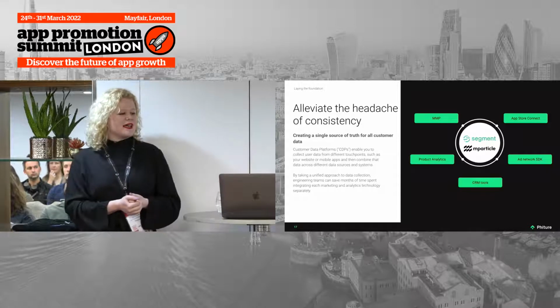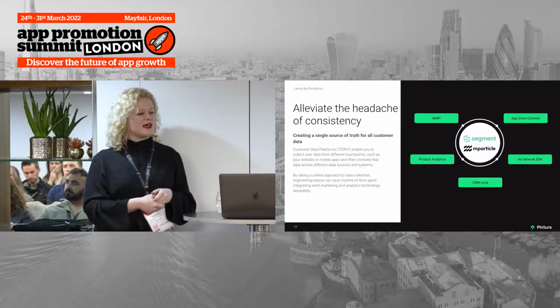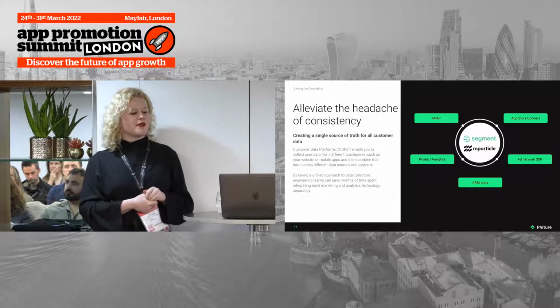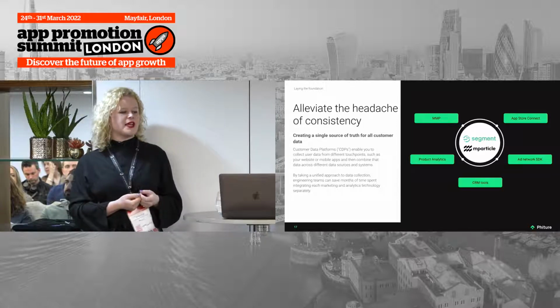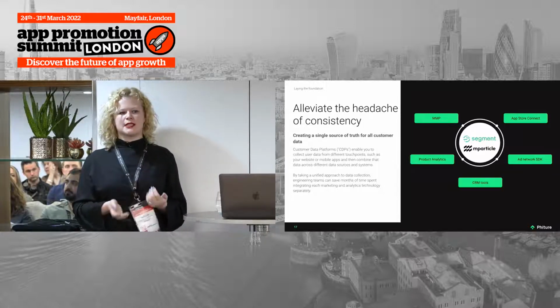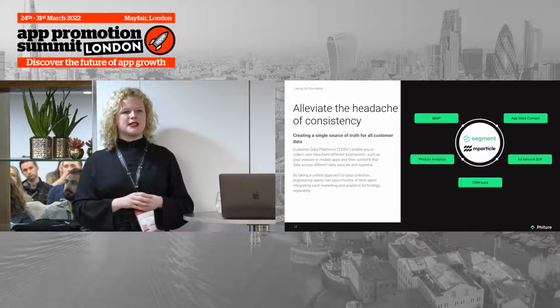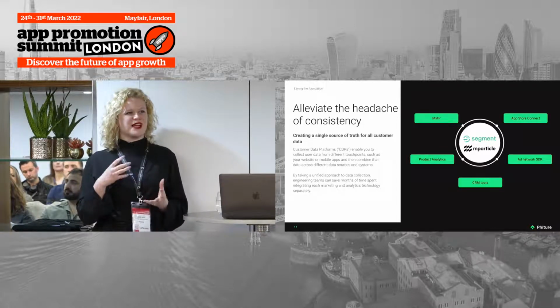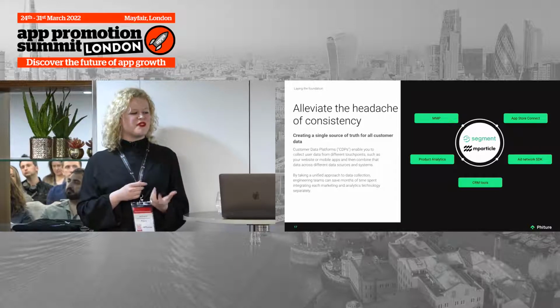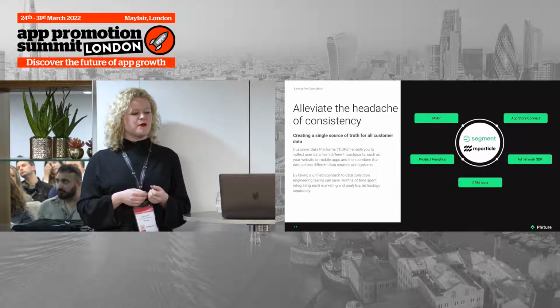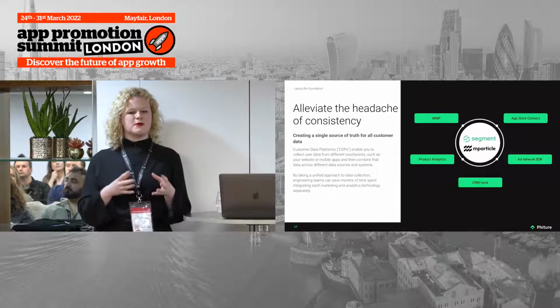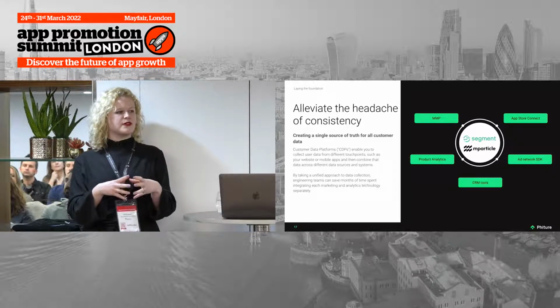I heard this being mentioned this morning as well, but another thing I would recommend, if you can, is to invest in a CDP, or customer data platform, something like Segment or mParticle, especially in a high growth or fast moving environment. A CDP basically acts as a middleman for the data.